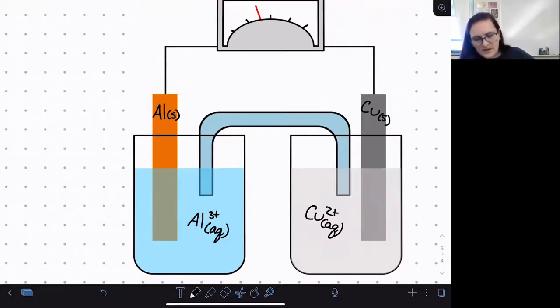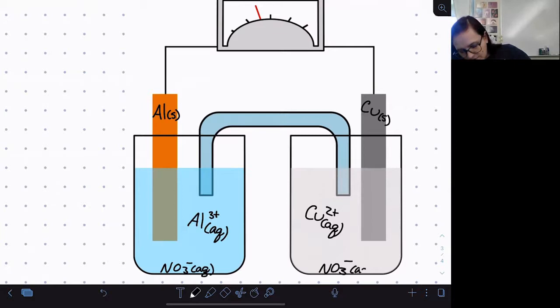So in that solution, we would also need there to be some kind of anion just to balance the charge, only because we can't have a bucket full of cations. So we would perhaps have something like nitrate ions in here as well. They're not really doing anything chemistry-wise, just spectators. But for the sake of physics, we need to have a neutrally charged beaker full of stuff, so we need some anions in there.